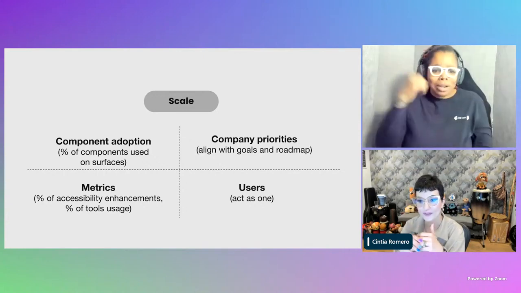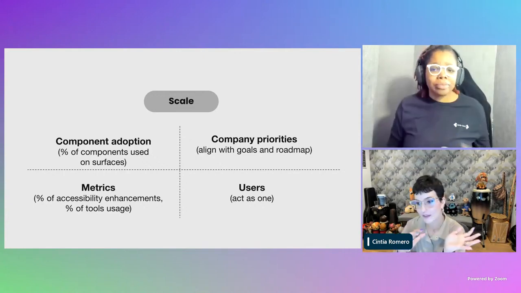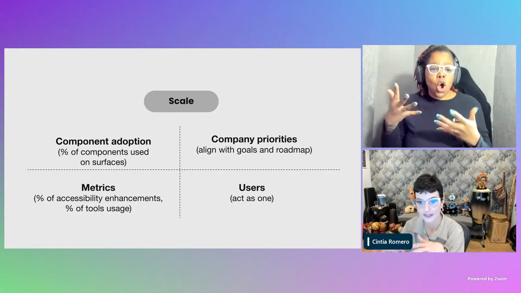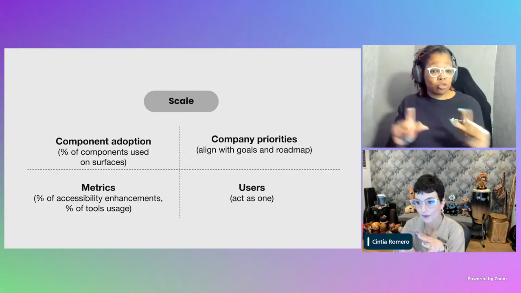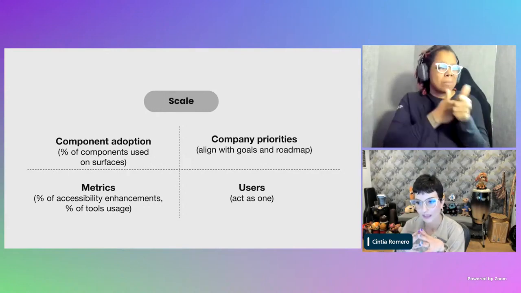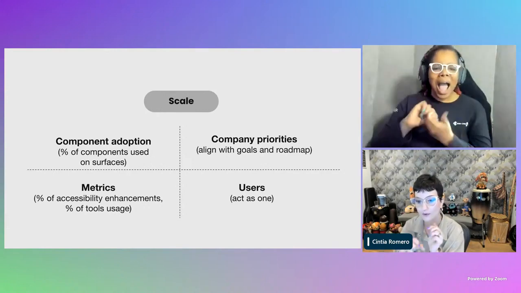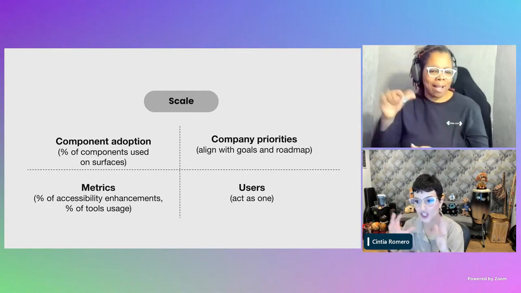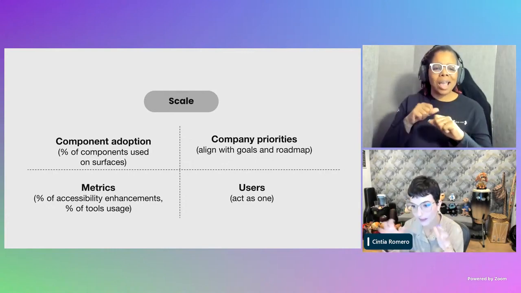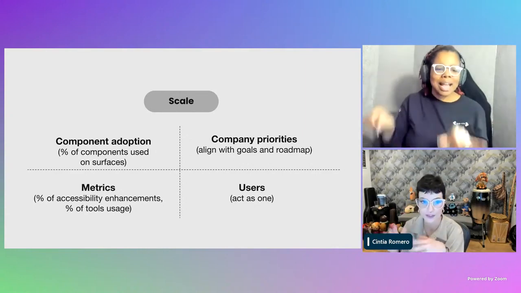Let's say that you work for a company that already meets or is close to meeting the AA standards. You can still use this framework to go beyond compliance and to think, how can I be more conformant with accessibility WCAG guidelines? How can I shape and form my standards to fit my user needs?